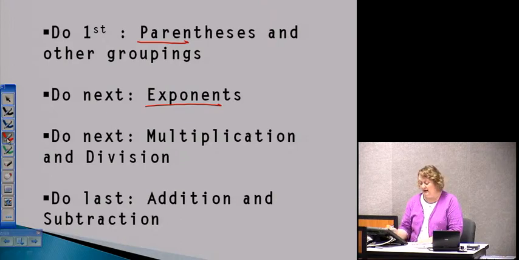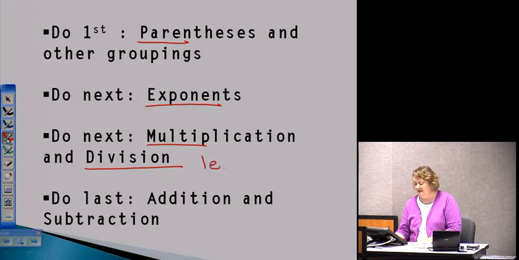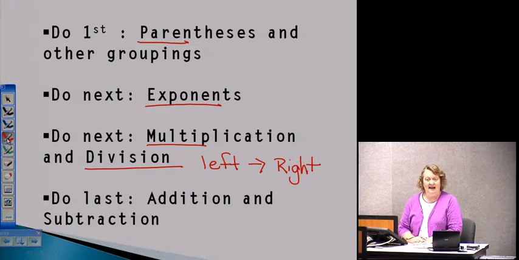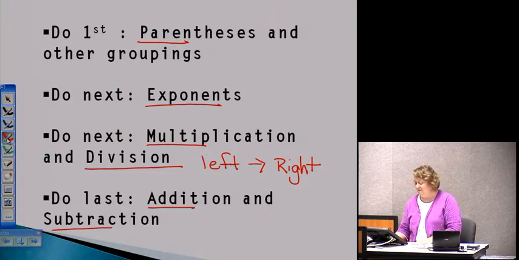Next in the order is our multiplication and division, and since they have equal priorities, we do those operations from left to right. And the last operations we do are addition and subtraction. And we do those operations, again, because they have the same priority, from left to right.